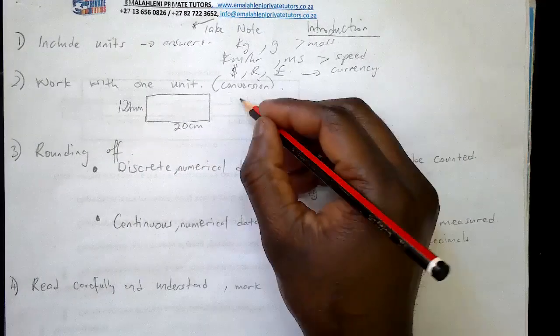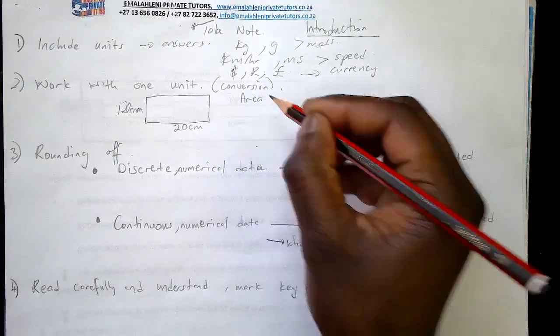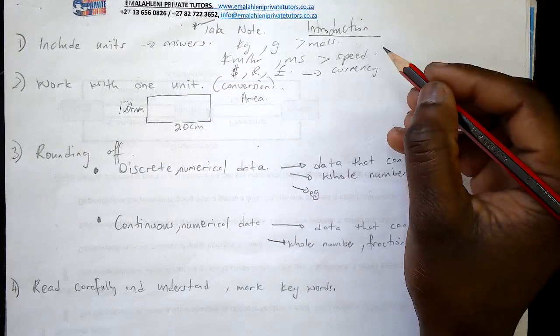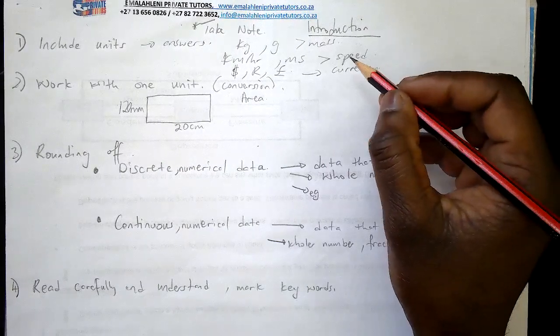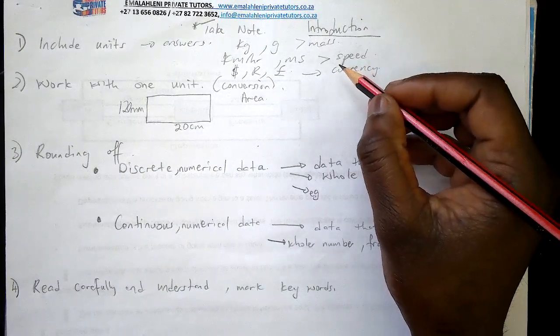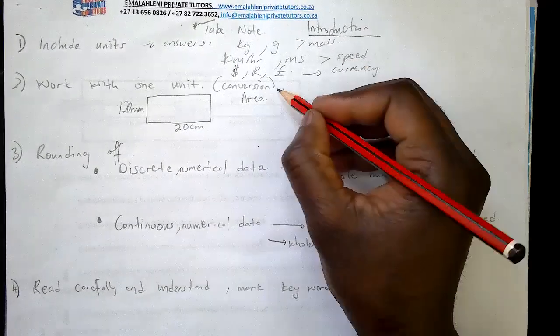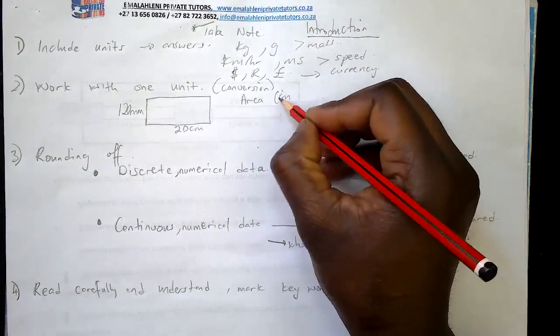Now you need to calculate the area, and you must know whether they want the area in millimeters squared or in centimeters squared. Let's say they say it must be in centimeters squared.